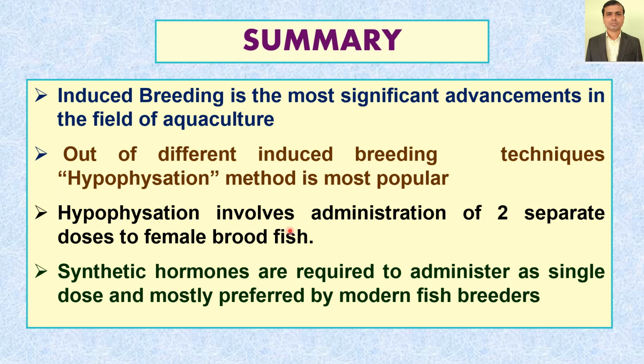Hypophysation involves administration of two separate doses for female brood fish. However, the most preferred inducing agents for breeding in fish are the synthetic hormones, which are administered as a single dose and are most preferred by modern fish farmers because they are readily available. Only a single dose is required.